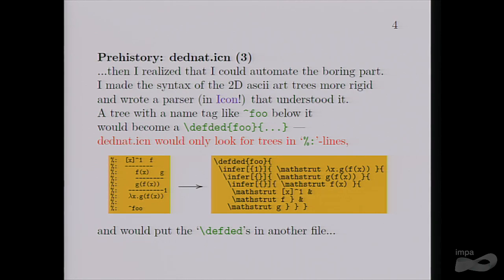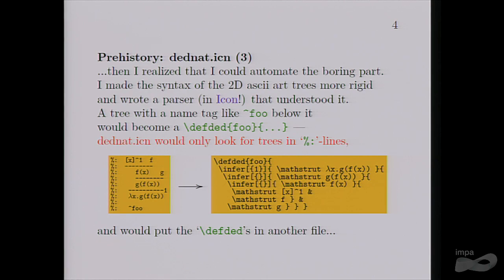And the trick was that my deadnut.icon would only look for trees in lines that started like this. The other comments would be totally ignored by it. So TeX would ignore these things because they were comments, and deadnut.icon was just looking for some kinds of comments to parse trees in them.